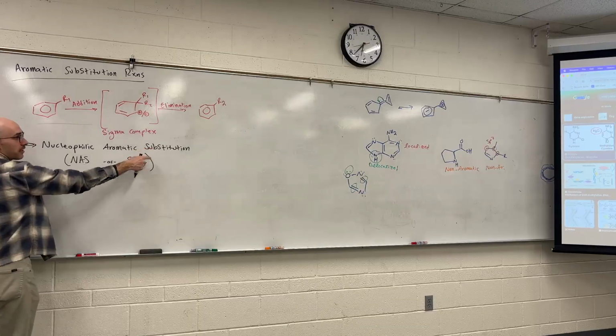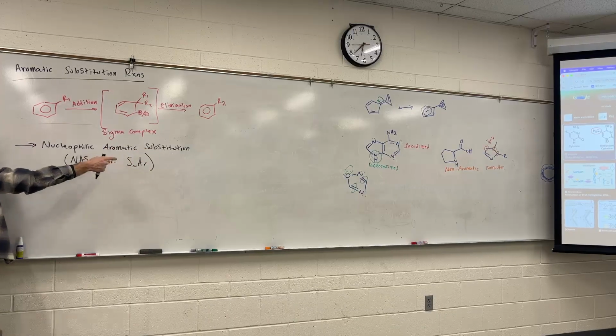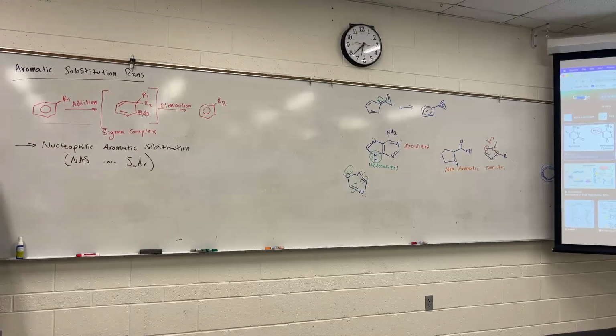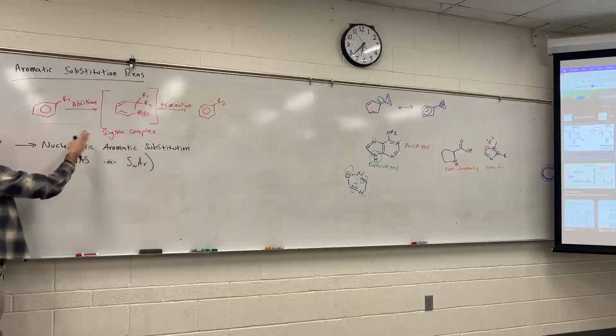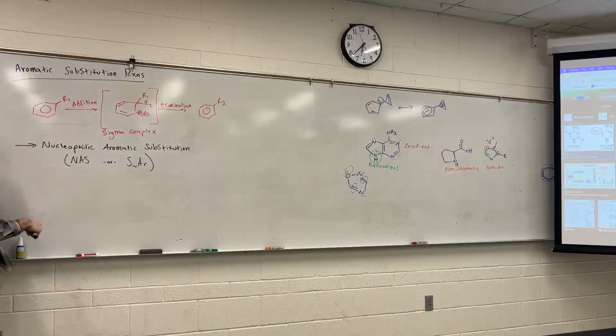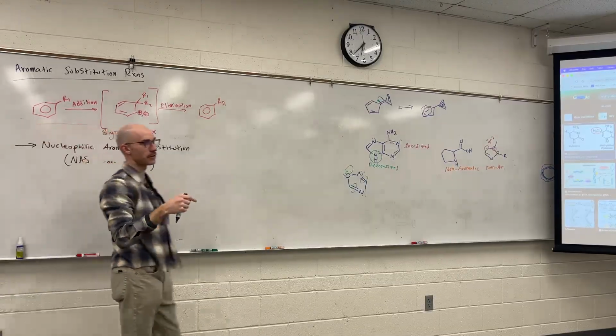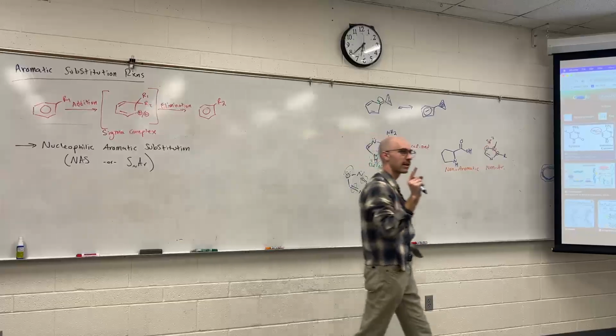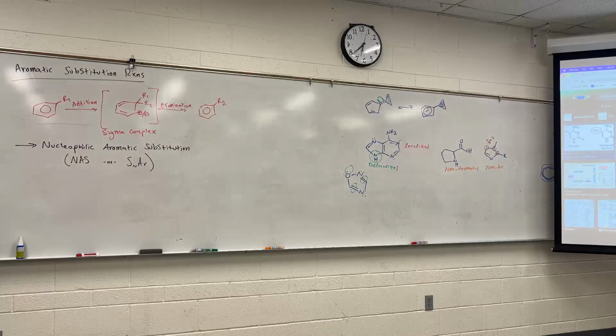You substitute an aromatic ring with a nucleophile. For whatever reason, this and the other type of aromatic substitution reaction that we'll name, their names basically describe themselves backwards. Nucleophilic aromatic substitution, substitute the aromatic ring with a nucleophile.